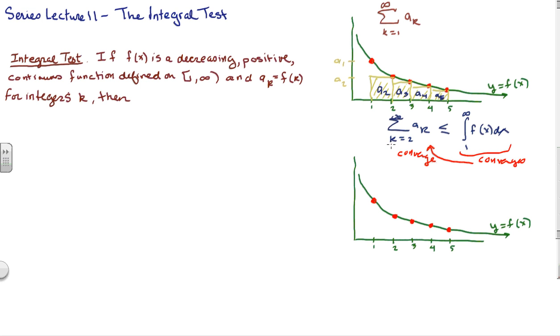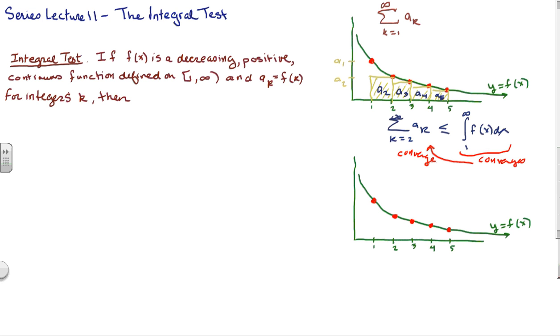Well, if the sum k equals 2 to infinity of ak converges, the sum k equals 1 to infinity also converges, because that's just adding one extra term onto it. So in other words, if the integral converges, then the series converges.